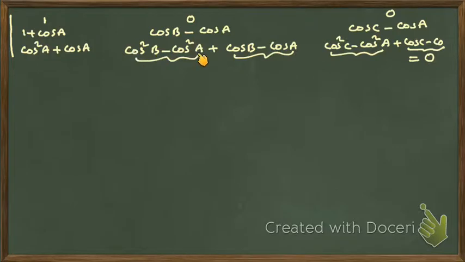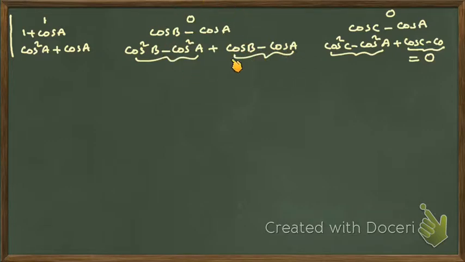Look at that. What is this? Cos b minus cos a into cos b plus cos a. This is cos b minus cos a into 1. So don't you get a cos b minus cos a common factor here? What will be balanced? If cos b minus cos a is gone, you will have cos b plus cos a. If cos b minus cos a is gone out of this, it will be 1.